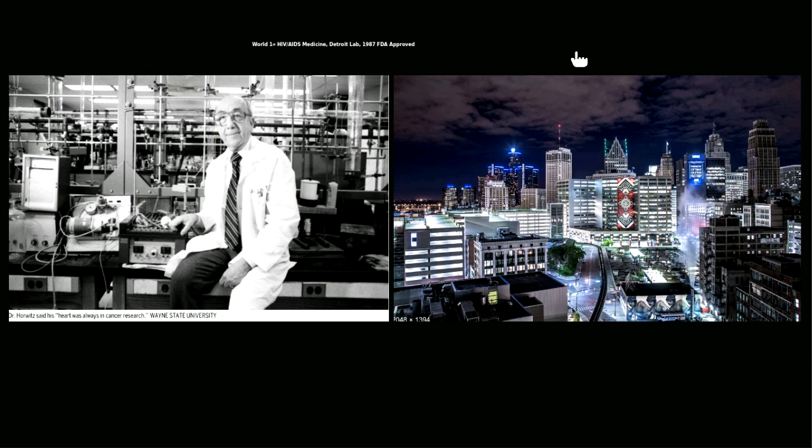CBCT. So people say, what is there in Detroit? In Detroit, we have the first HIV/AIDS medicine, which was made by Dr. Horwitz from Wayne State University. Dr. Horwitz is also an alumnus of the University of Detroit. He did his bachelor's and master's at our university, and then did his PhD at the University of Michigan.